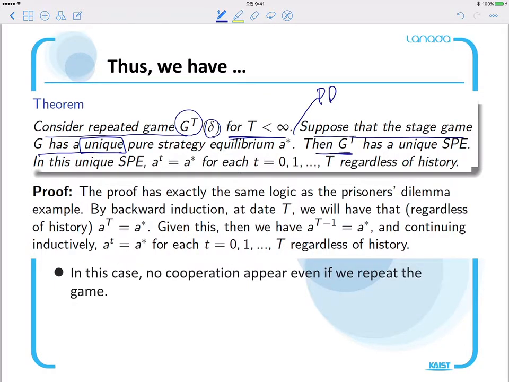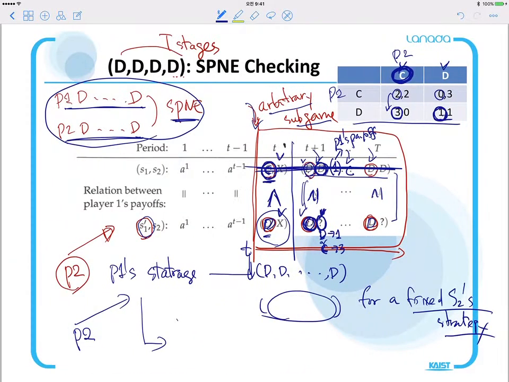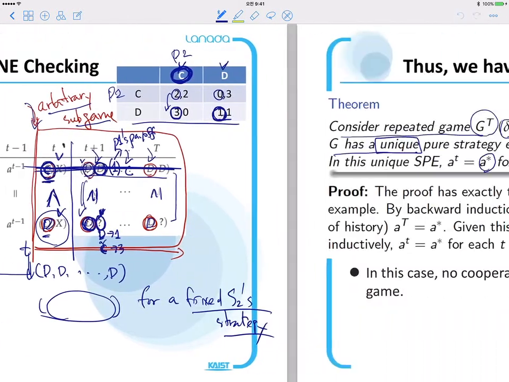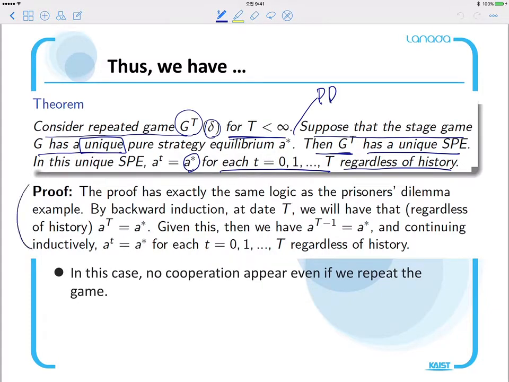Then G^T, the repeated game, has a unique subgame perfect Nash equilibrium, which corresponds to playing the Nash equilibrium strategy of the one-stage game always, for the entire stages, regardless of the history. We can easily extend this discussion to the theorem. I'm not going to prove it, even though there's a very short proof. I'm trying to convey the basic idea.